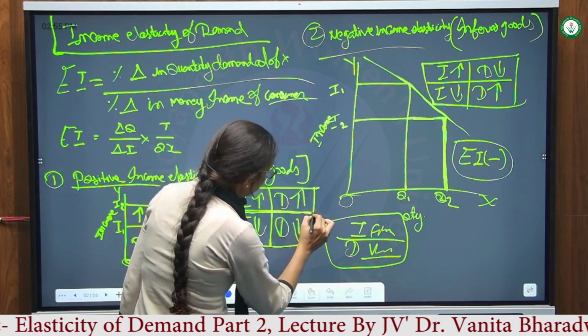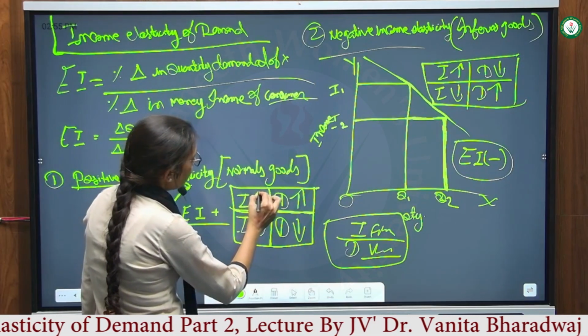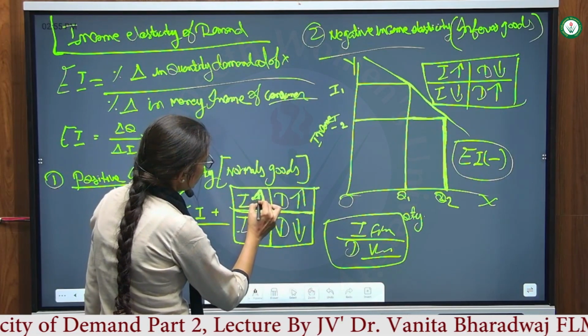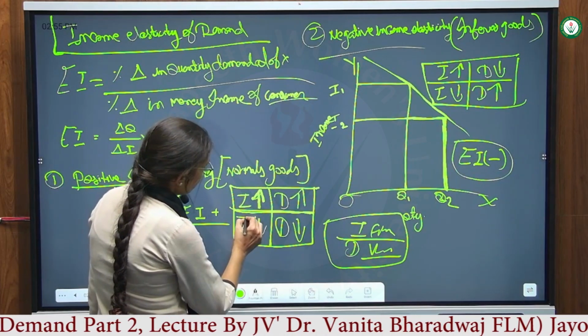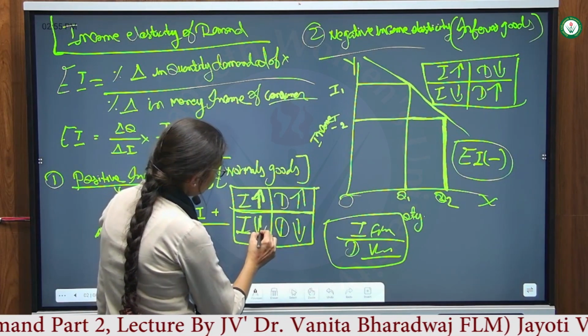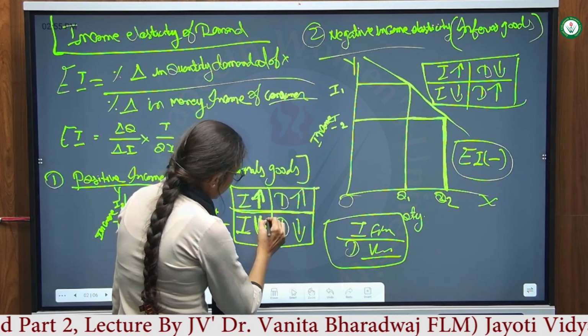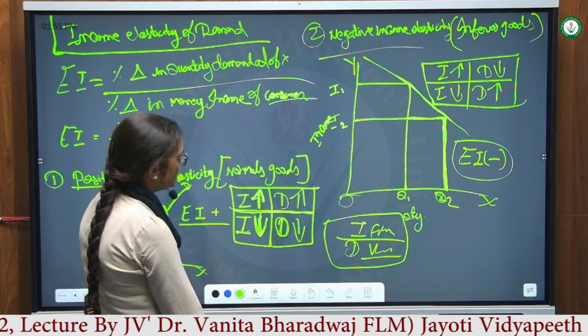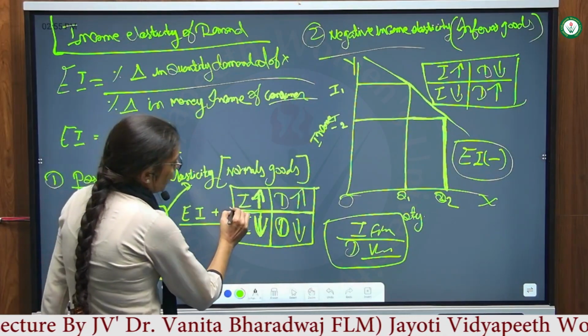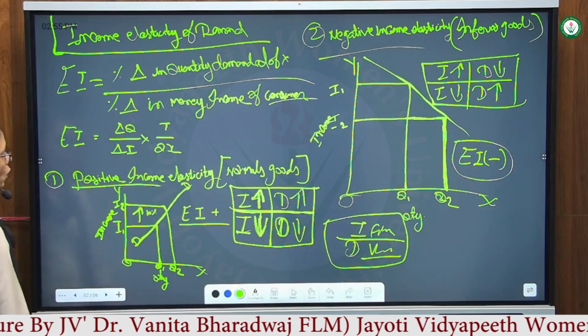When a consumer's income is increasing, he switches to costlier or normal commodities. When the consumer's income goes down, he moves to lower-demand or cheaper goods, so demand will decrease. This is the positive relationship of normal goods.